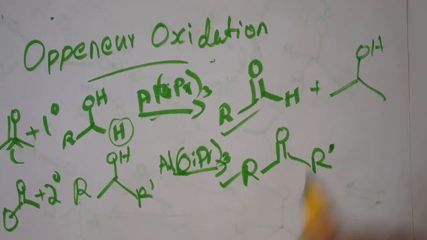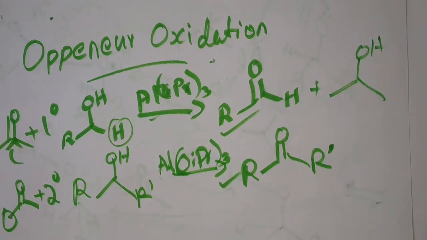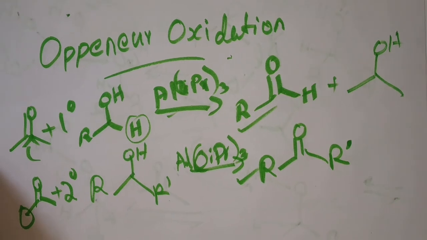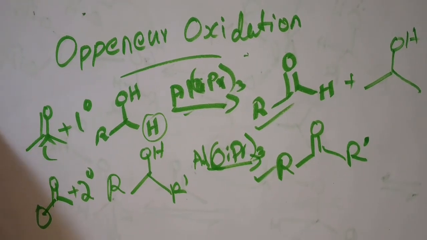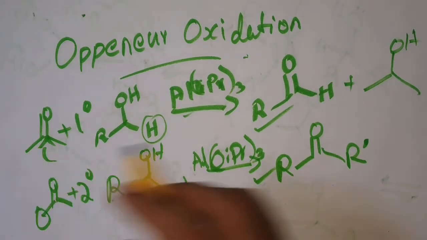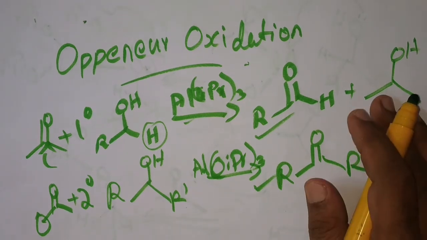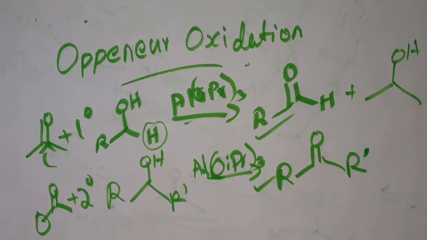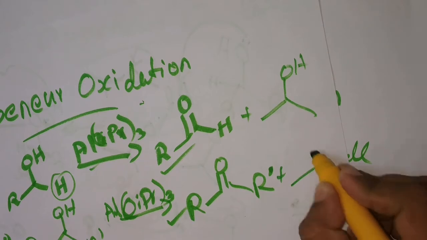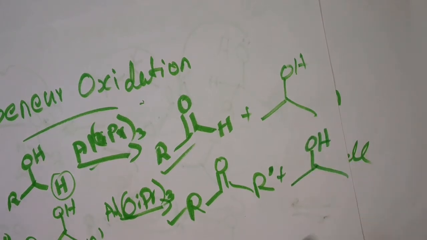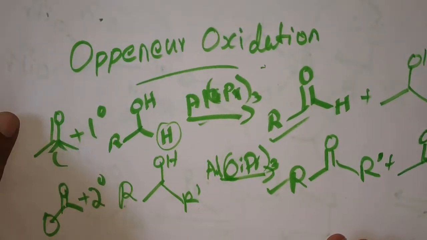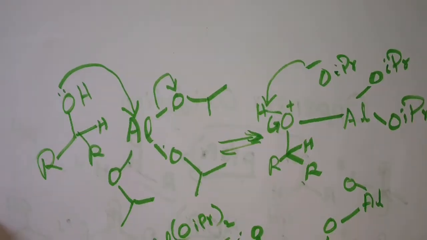So we saw the aluminum species, aluminum isopropoxide, getting regenerated. After workup, obviously it's going to be isopropanol. So this acetone is getting converted into its corresponding alcohol, that is isopropanol. Here also, actually the acetone part is getting converted into alcohol. So that's an interesting fact. We will come back to this slide later.